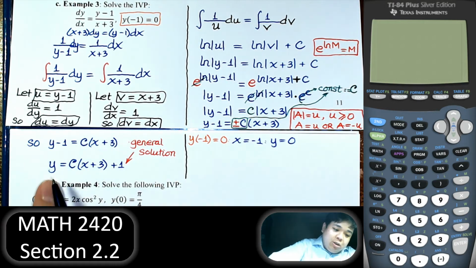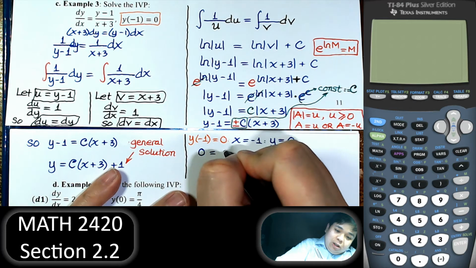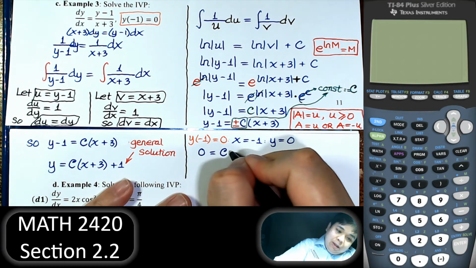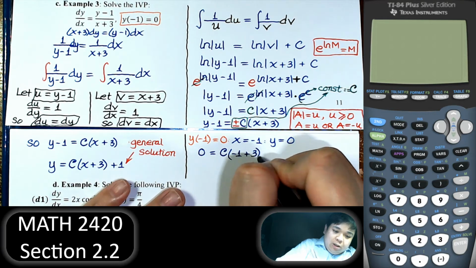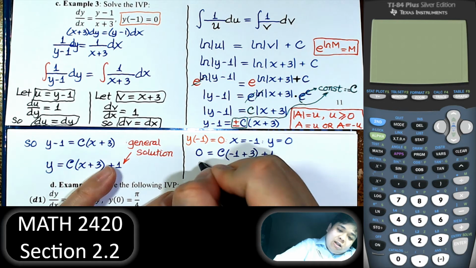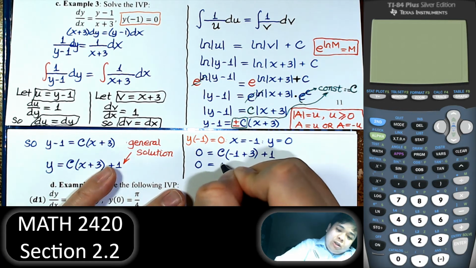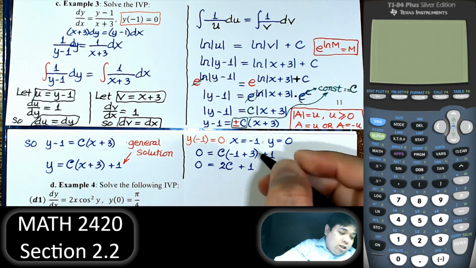So I substitute x equal to negative 1 and y equal to 0. So we have 0 equal to c times negative 1 plus 3, plus 1. And that is 0 equal to 2c plus 1. So c is negative 1/2.